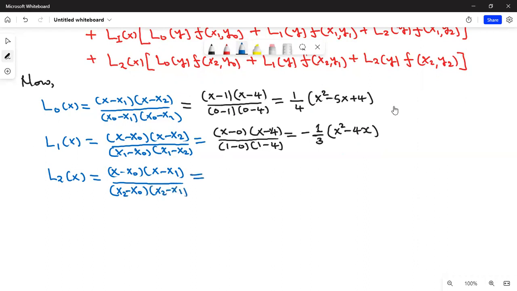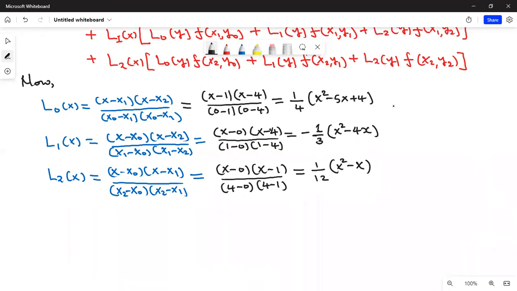When you work it out, you're going to get x minus 0, x minus 1 over 4 minus 0, 4 minus 1. And so that is 1 over 12 times x squared minus x.